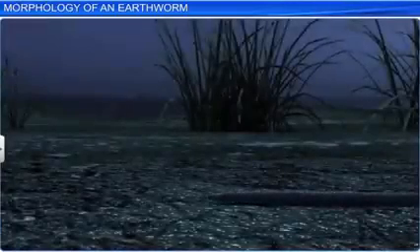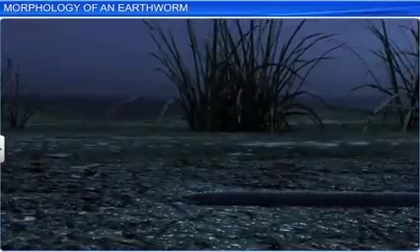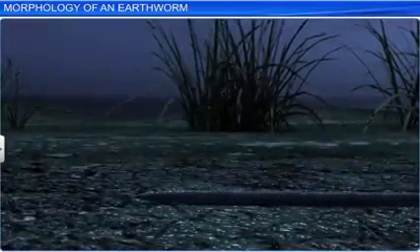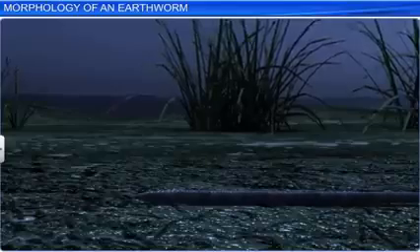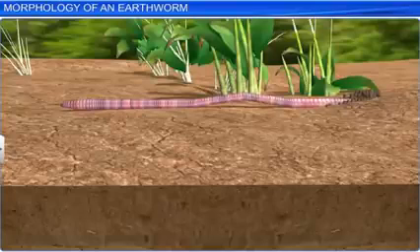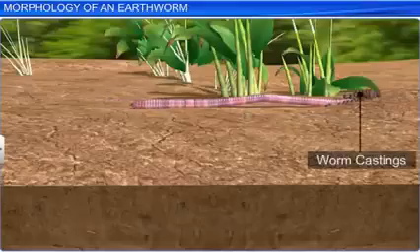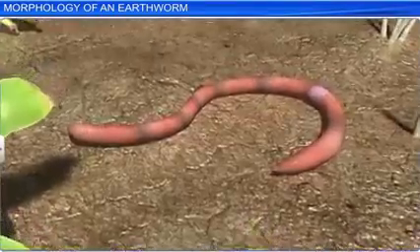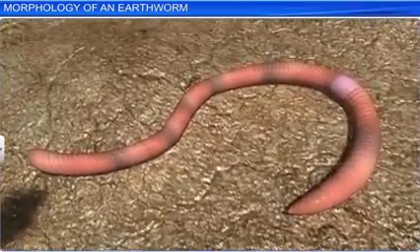They are commonly seen at night when they crawl to the earth's surface to feed. However, during the day, they are found in their burrows and can be easily traced by following their fecal deposits known as worm castings. Earthworms have a long cylindrical body that is divided into similar segments.